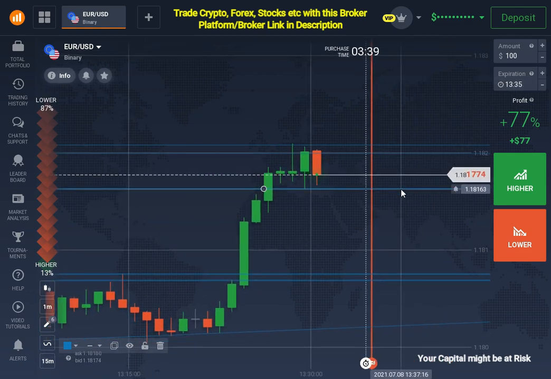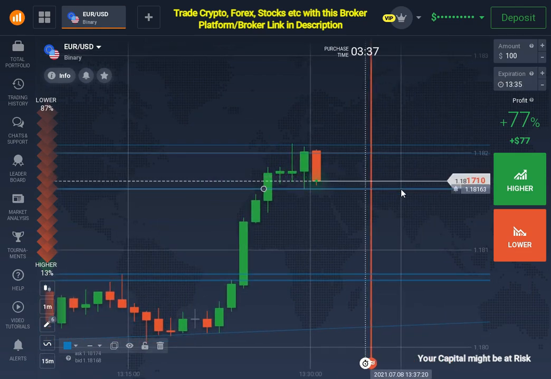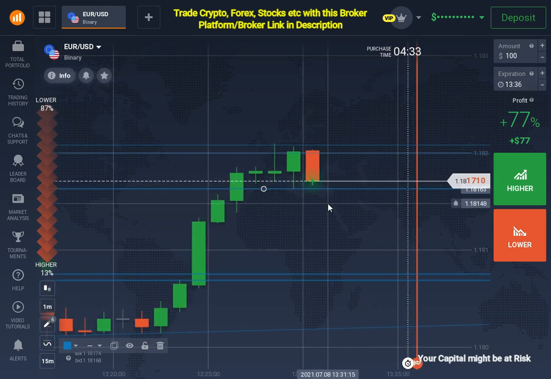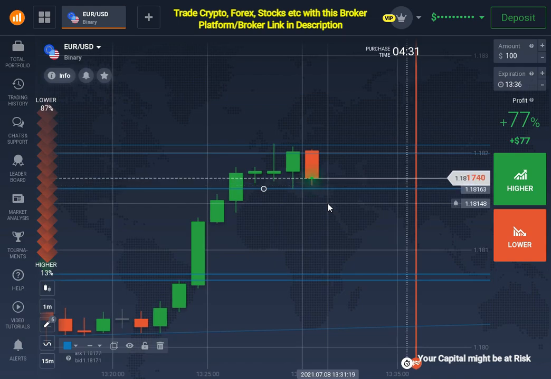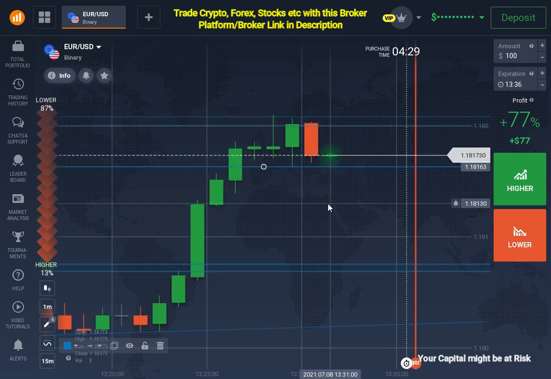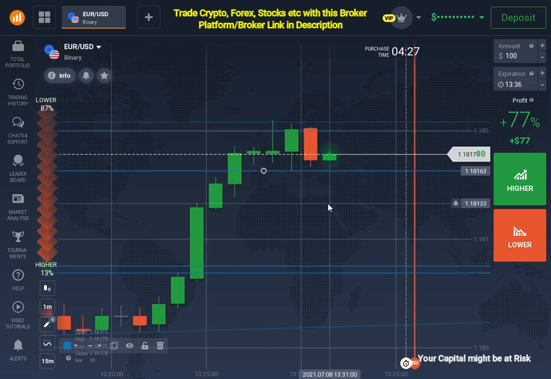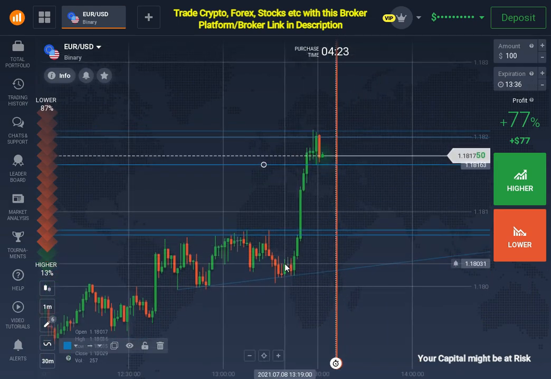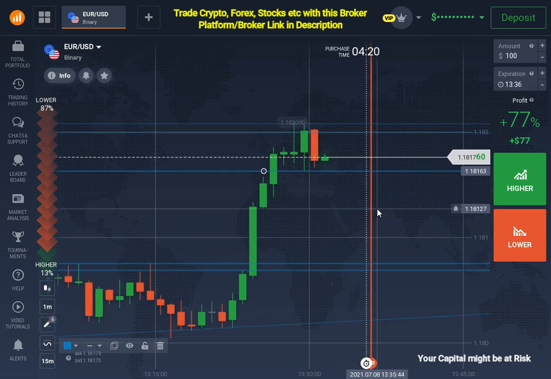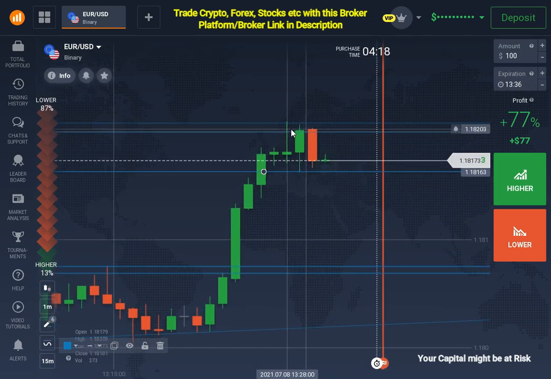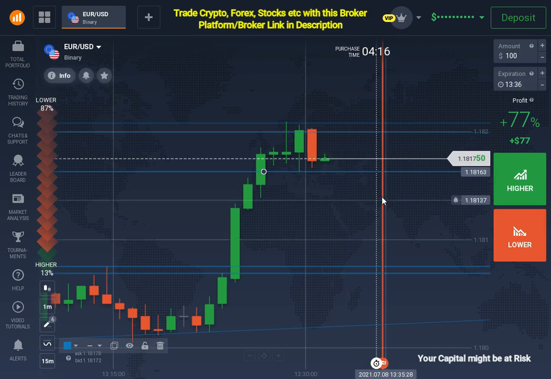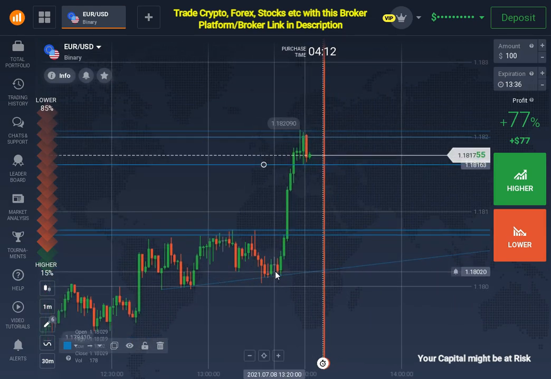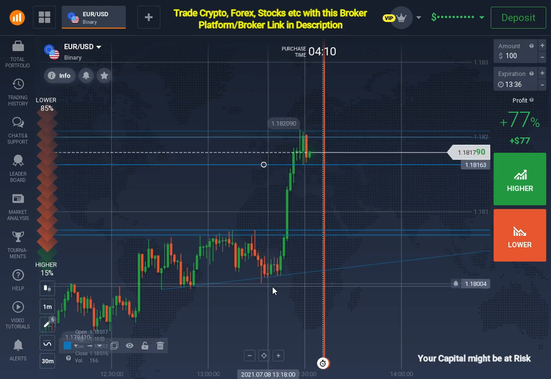So let's wait. I use only 3 strategies, not more than that. One is the trend reversal, second is the breakout, and the third one is the retracement reversal, which is when market goes in a particular direction and corrects for some time, like retraces for some time. Let me explain with this chart. Suppose market is going up, you can see this is an uptrend.